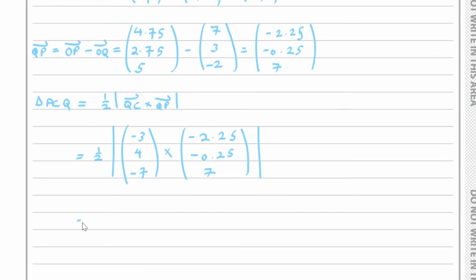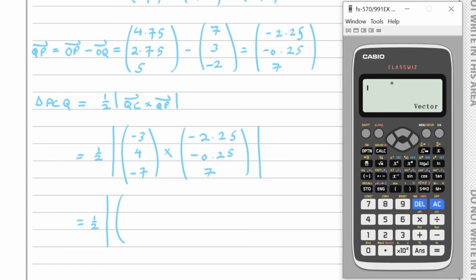So finding out the magnitude of this, again go to our calculator, define vector C this time. So we have (-3, 4, -7). Define the vector D, that would be (-2.25, -0.25, 7).